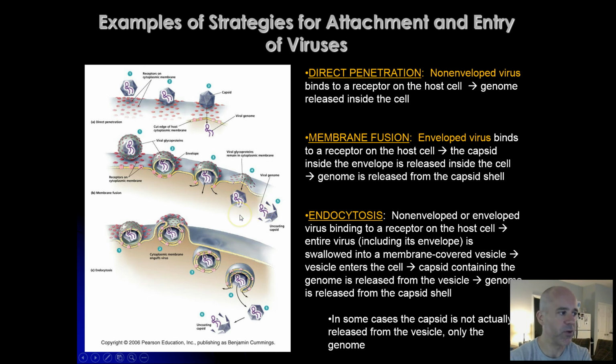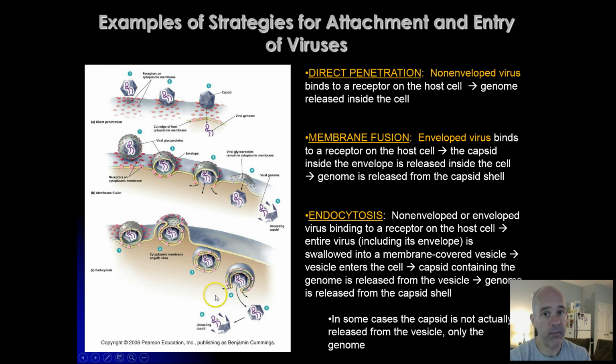That's called membrane fusion. And then finally, a lot of viruses hijack a natural cellular process, endocytosis, where something attaches to the surface of a host cell and then it gets engulfed inside a membrane covered vesicle and enters the host cell that way. That's a natural eukaryotic cell process you learn about when you're learning about how things move across cell membranes. And that's what this virus you see over here is doing.